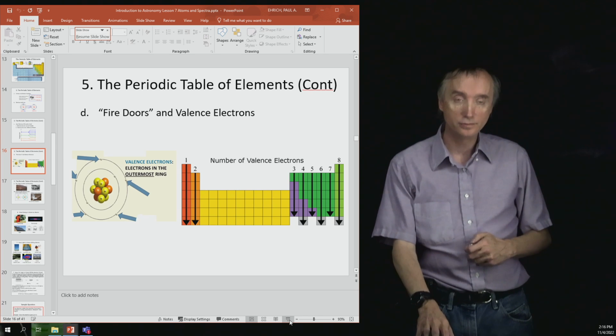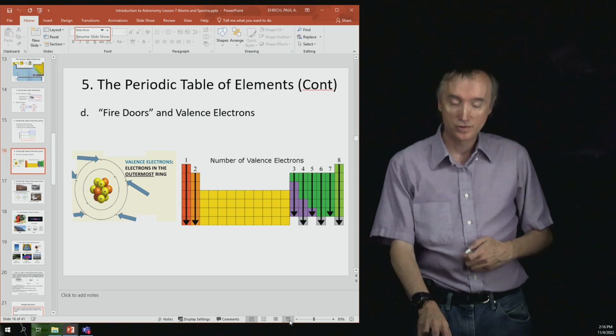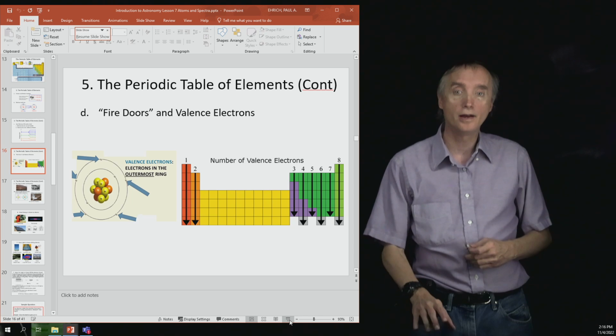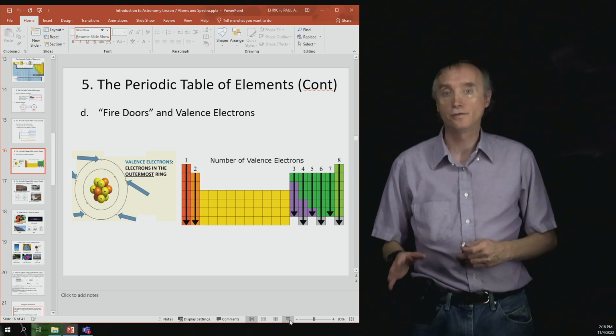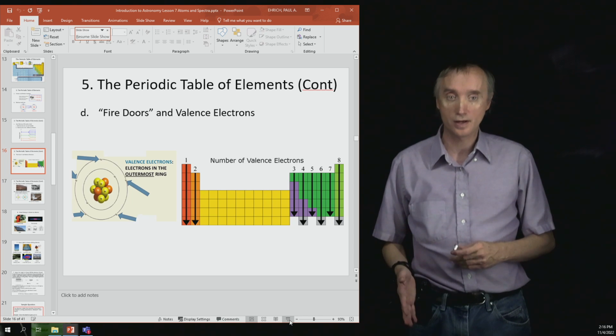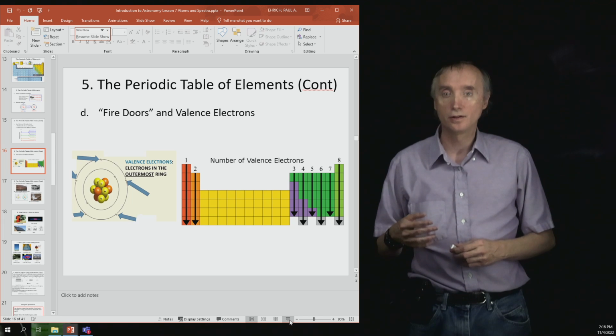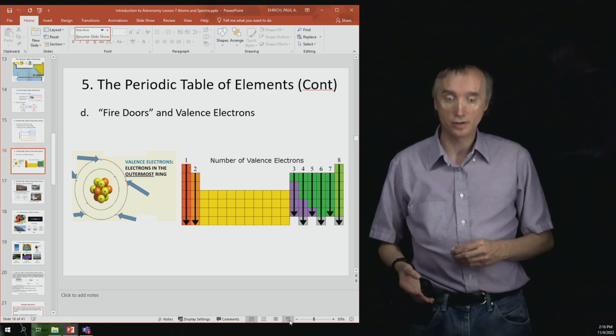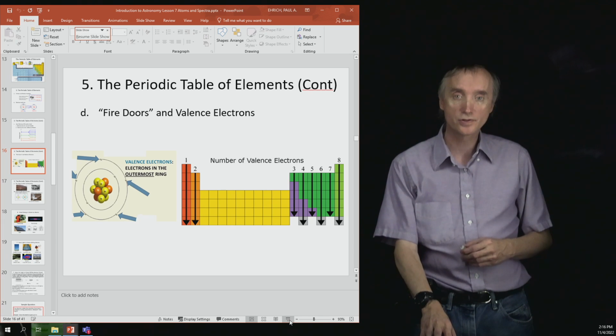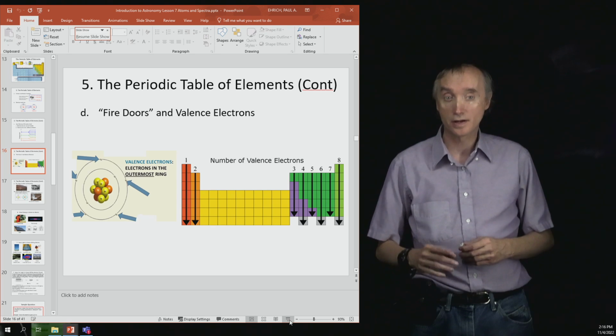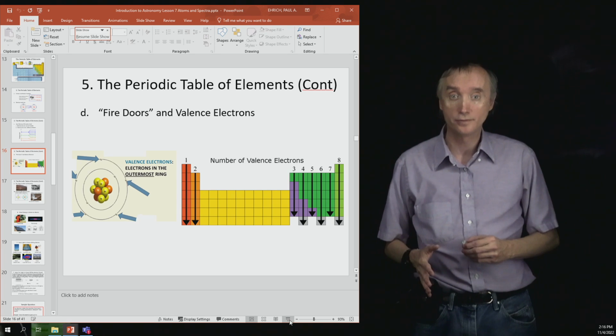Okay, so what's the point here? Let's look at an element that is in the first column of the periodic table, for example, sodium. Sodium's in the first column, so it's going to have one valence electron.